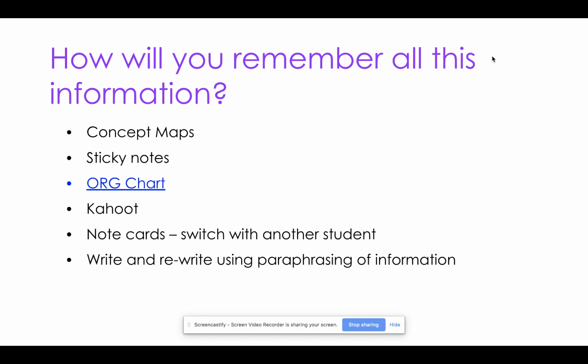You can do note cards and then switch them with another student so that you're not reading exactly what you wrote, because it's hard to break away from what you're writing. You'd like to have some more of that mental flexibility. So you want to think about things as another person writes it down. And then write and rewrite using paraphrasing of information. These are just some ideas, but I'm open to hearing more about what will help you remember all of this information.